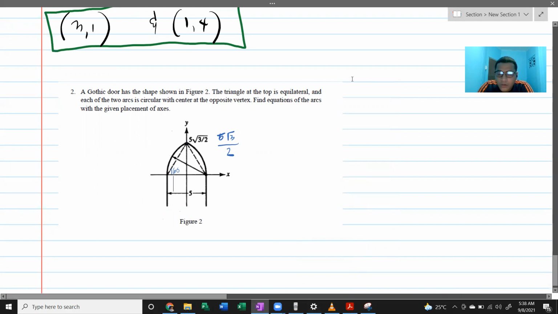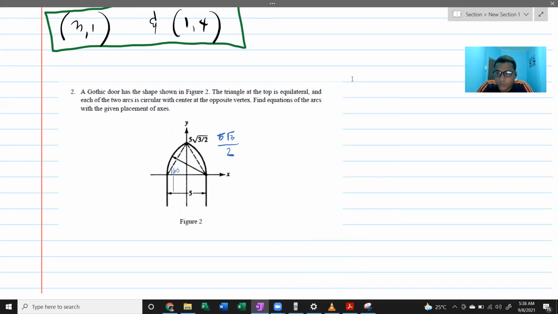Okay. Now, how do we solve for the equation? What do we need? Referring to our standard form, what are the elements of the standard form of a circle? We have the coordinates of the center, which is (h, k), and the radius.